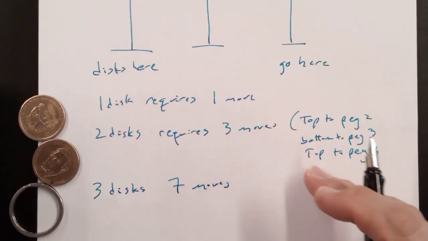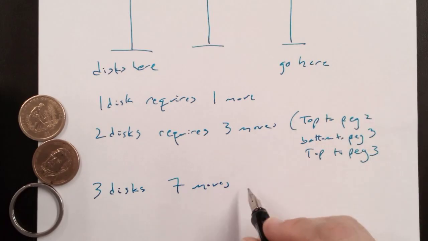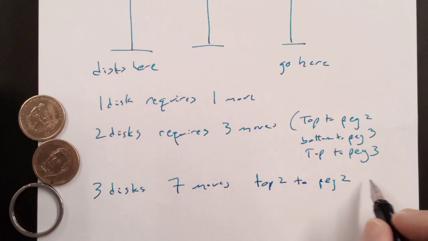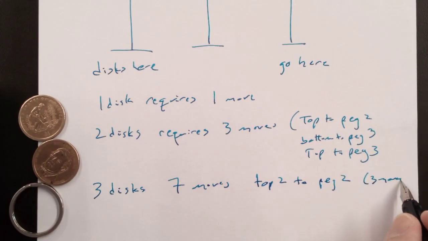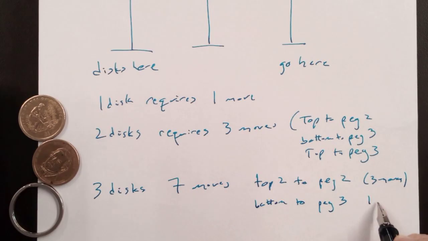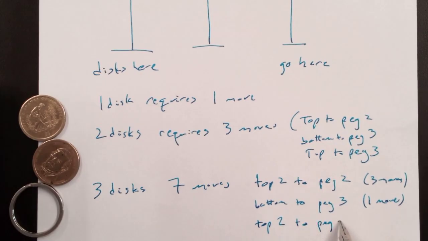And I'm going to write it like this. I move the top 2 to peg 2, 3 moves. I move the bottom to peg 3, 1 move. And then I move the top 2 to peg 3, 3 moves. All right, wait a second.